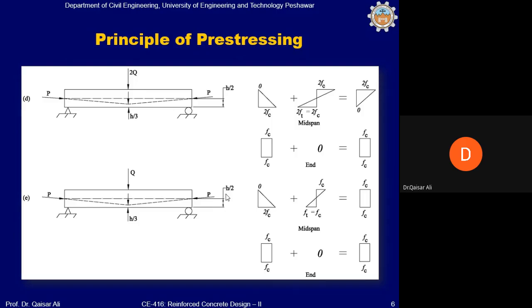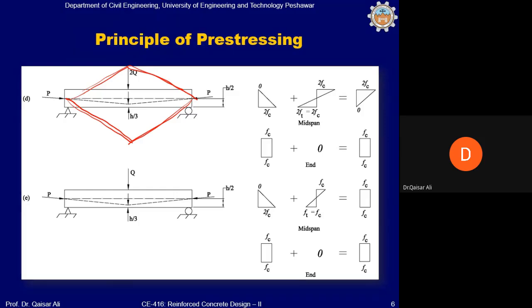The bending moment produced by this P will be in this direction, and the bending moment produced by 2Q will be in this direction. So if before the application of load this bending moment is produced in this manner, and after the application of the load 2Q, this will completely cancel this, with no tensile stresses left in the beam, and the beam will be perfectly in compression.